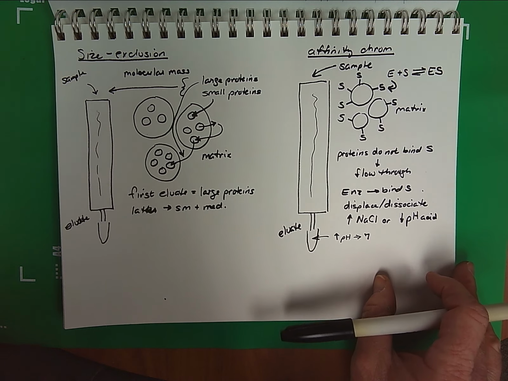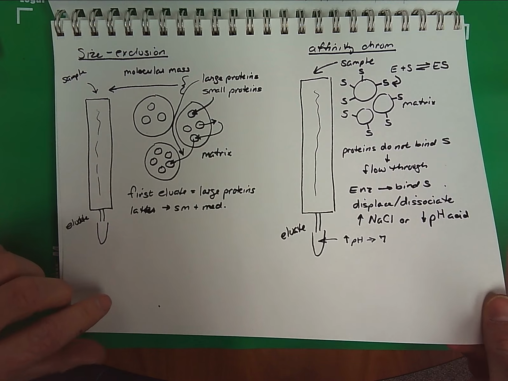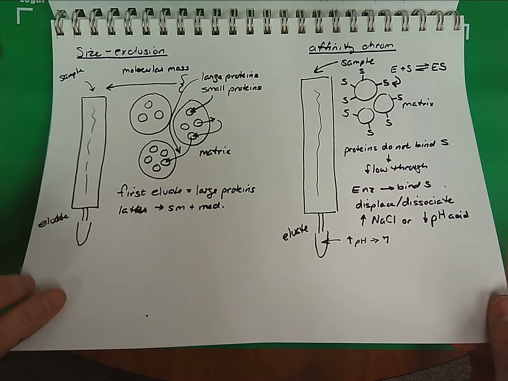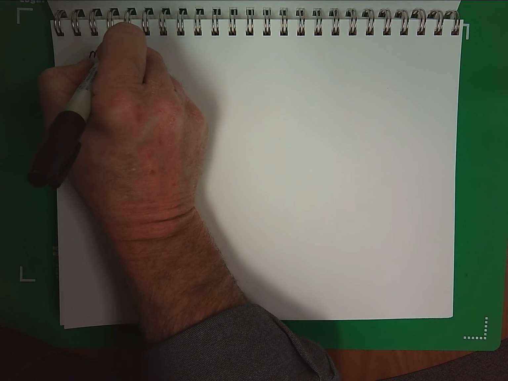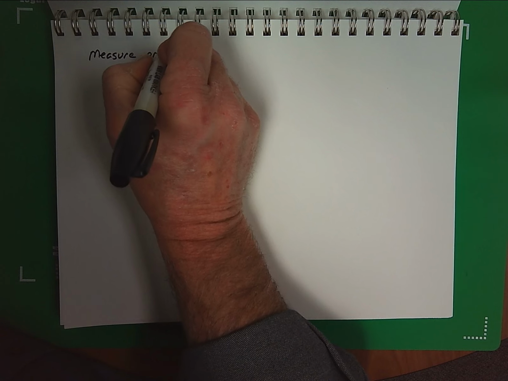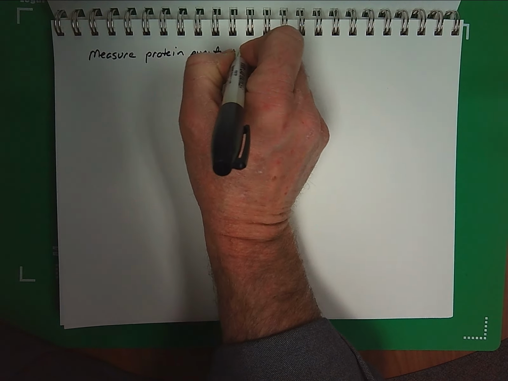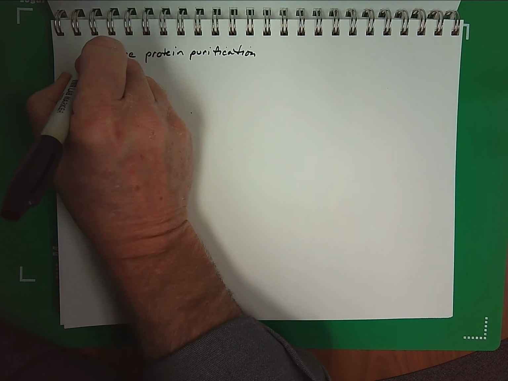So these are the major types of purification, enzyme and protein purification that we use. And now how do we quantify, how do we measure the amount of protein purification for each step that we've taken?